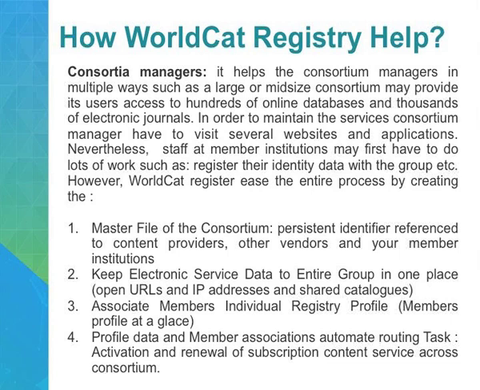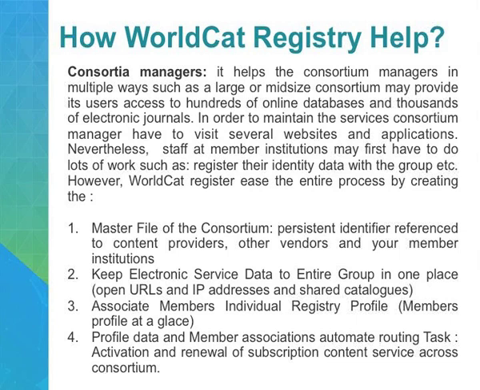However, the WorldCat registry eases the entire process by creating a master file of the consortium, including persistent identifiers, references to content providers, other vendors and your member institutions' details. It also maintains the record of electronic service data for the entire group in one place.